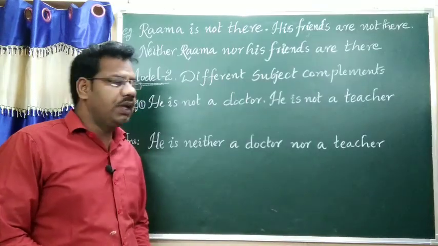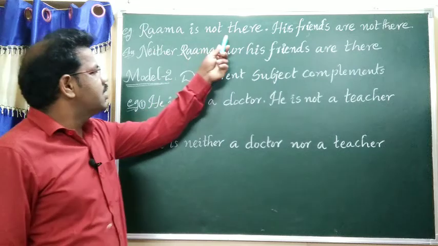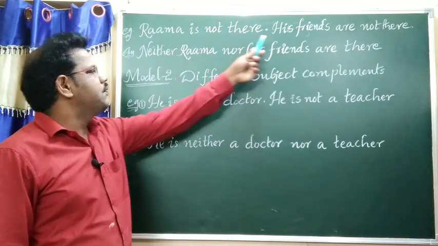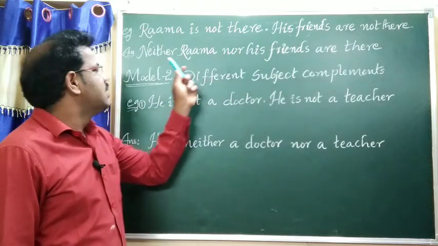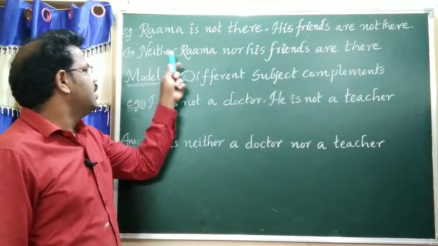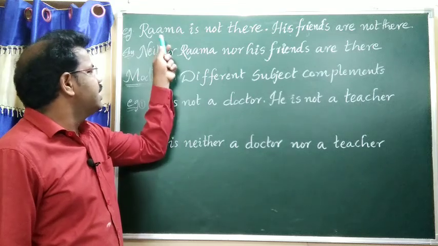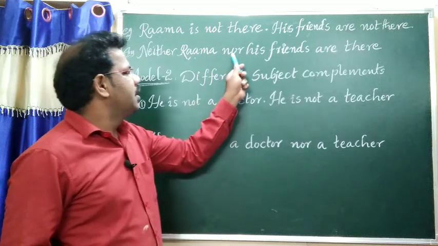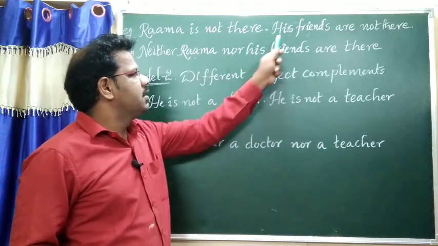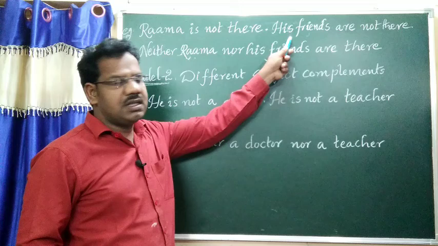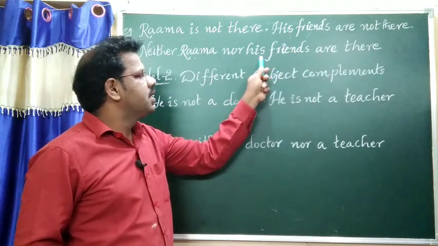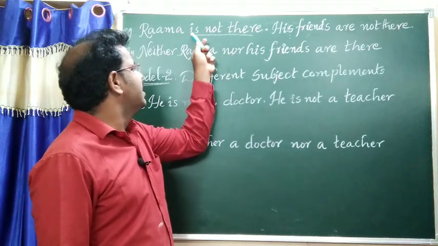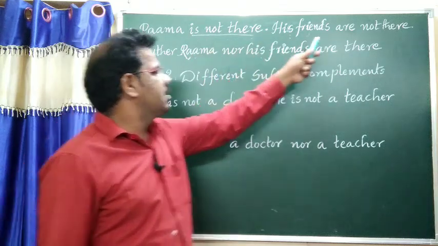Now the second example: Rama is not there, his friends are not there. Here a singular subject, here plural subjects. Then the answer: neither Rama, Rama is the uncommon word, the first one. And we should write nor, his friends. This is the uncommon word, his friends. The remaining words are is not there, are not there.